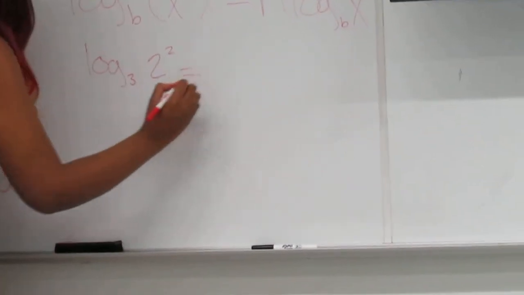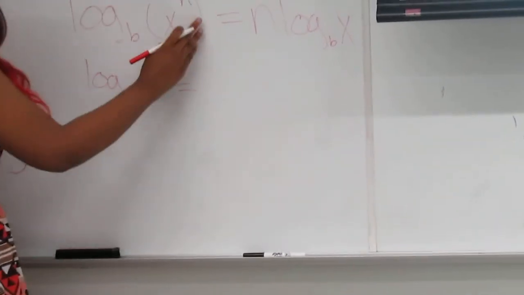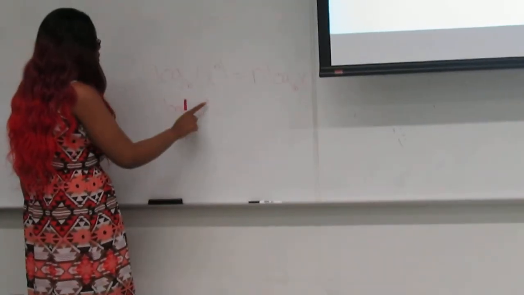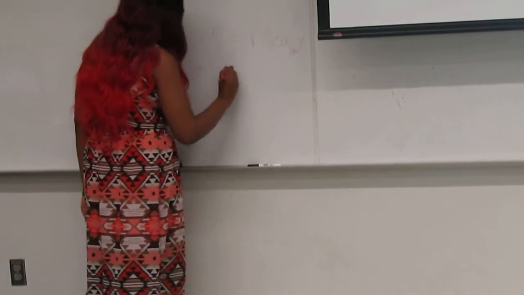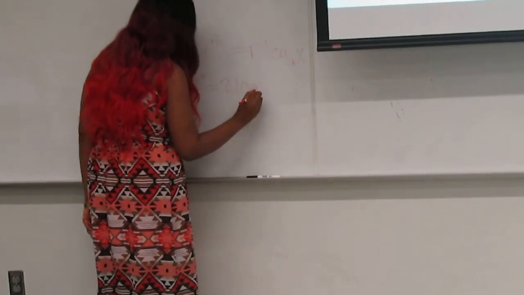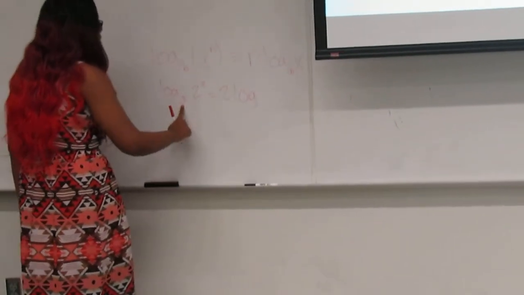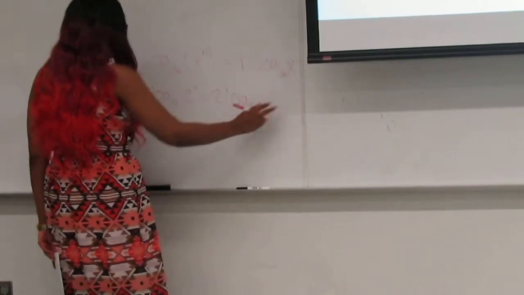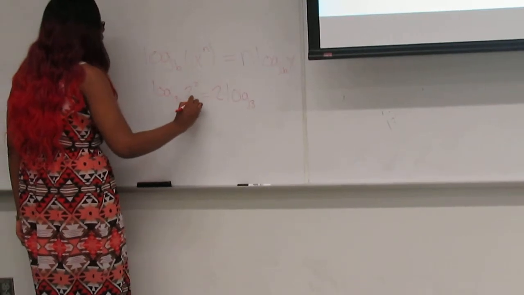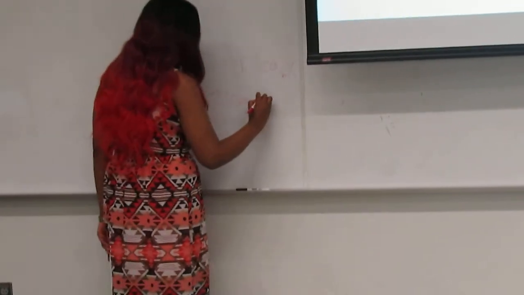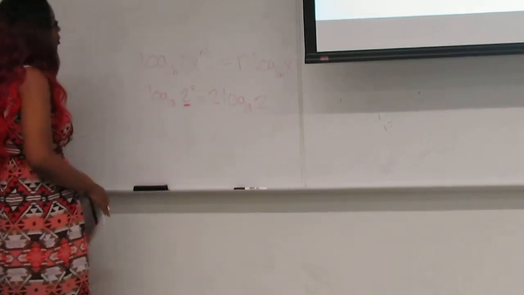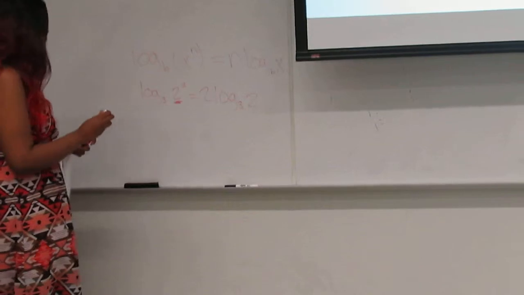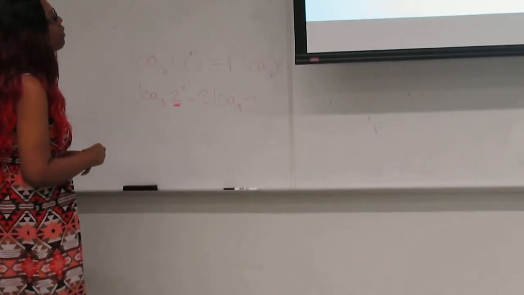And it will be written as, on this side of the equation is 2. So it'll be 2 log, the base never changes, base 3 of x. And the x is the big number, and that will be 2. So the answer would be 2 log base 3 of 2. And that's how you use powers.